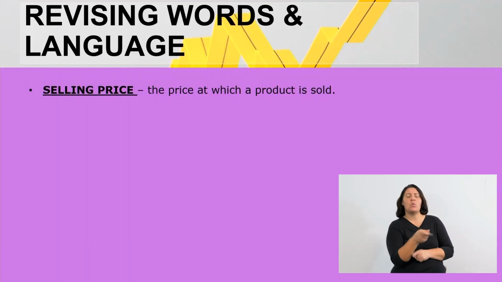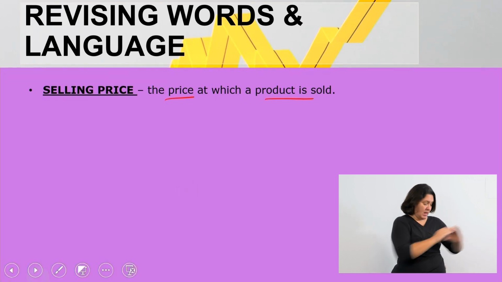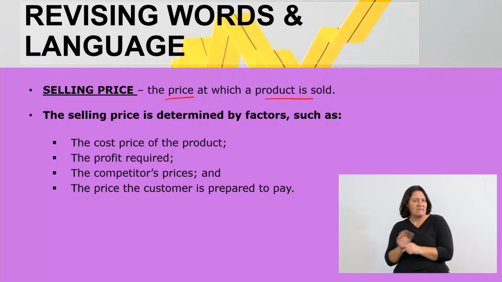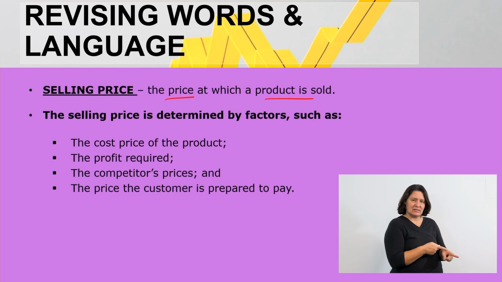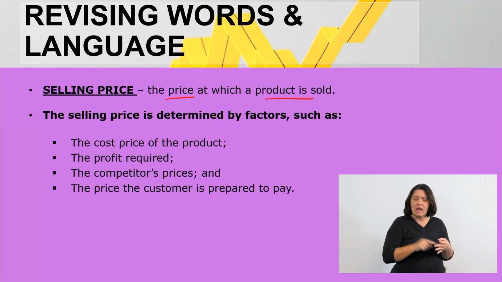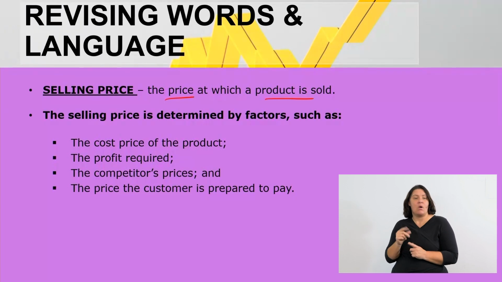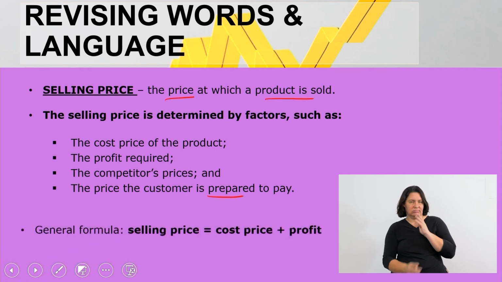Okay, so then we will look at the opposite of your cost price. That will be your selling price, right? So what is selling price? It's the price at which a product is sold. Okay, so the selling price is determined by a number of factors, such as the cost price of a product, the profit that's required, then also the competitors' prices, and then the price that the customer is prepared to pay. So we have to look at all of that.